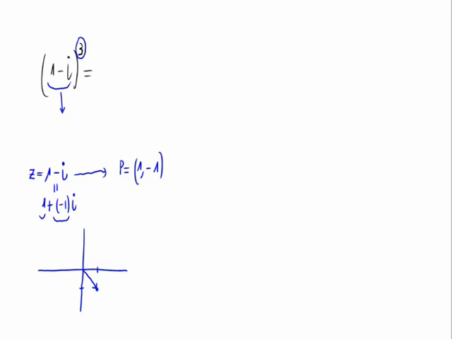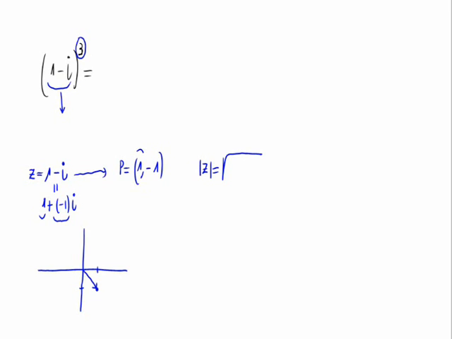This would be its vector, and what we have to do first is calculate the module of the complex number z, and it is the same as the module of the vector from the point 1, minus 1 to the origin. This is very simple.